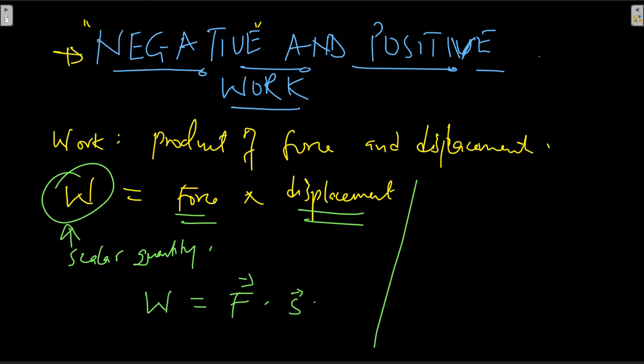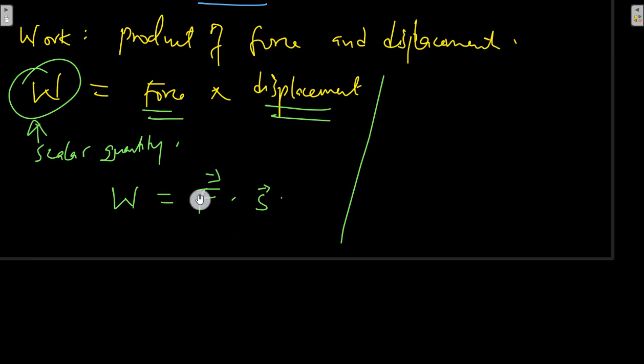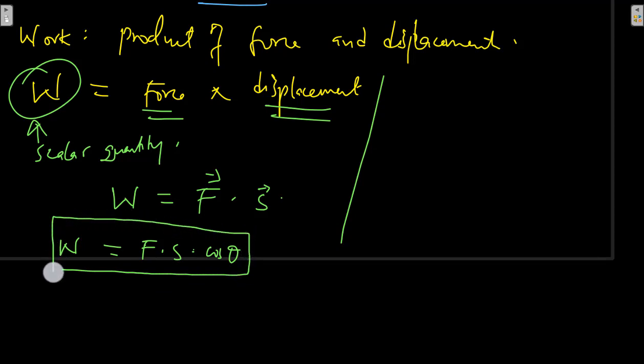That basically means work is equal to the magnitude of force times the magnitude of displacement times the cos of the angle between the two vectors, the force and the displacement. So when do we say that work done is negative or positive? Let's use this mathematical definition of work to explain how that comes about.